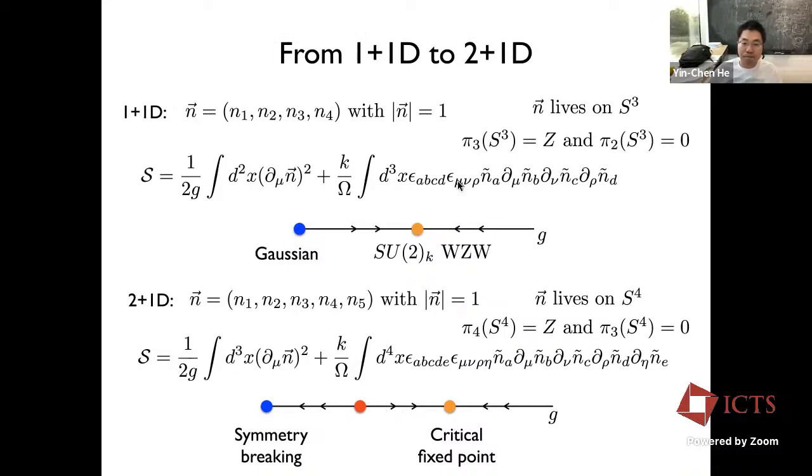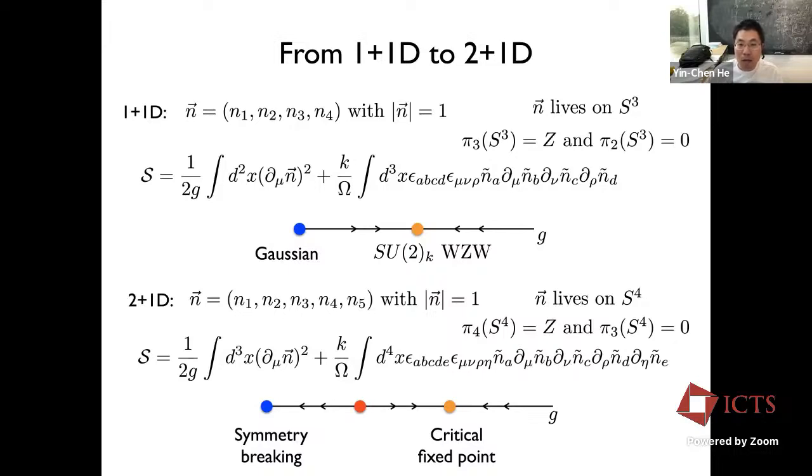If you compare the 1+1D and 2+1D situations, the only difference is that the Gaussian fixed point in 1+1D splits into two fixed points: one is the symmetry breaking fixed point, and the other is the order-disorder transition fixed point. This indeed happens in many examples, like the Wilson-Fisher type of nonlinear sigma models, where you can do a 2+epsilon expansion to show that it happens. What we conjecture is that this conformal fixed point is intact in 2+1 dimensions as well, and this is the fixed point that we want to study.